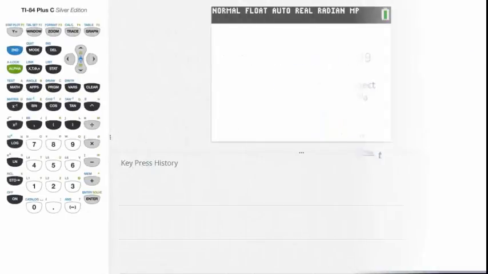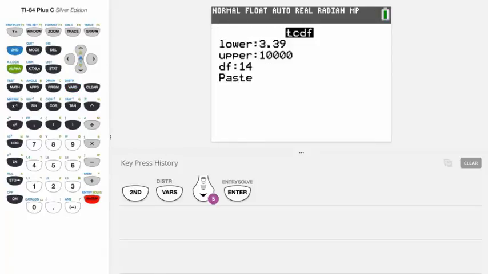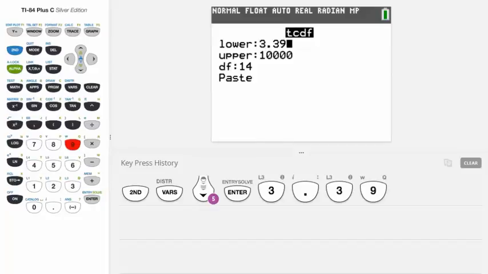Go to my calculator, second distribution down to T CDF, enter. Since it is a right-tailed test, my lower limit is 3.39, and I need my upper limit to be a really big number. I chose 10,000. Then I want my degrees of freedom to be 14. Enter.